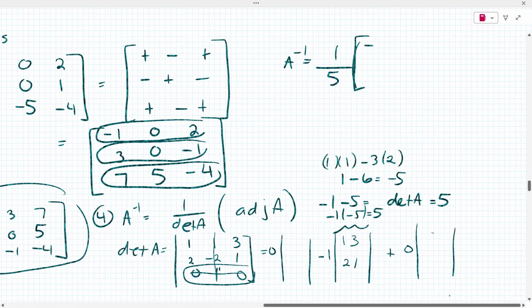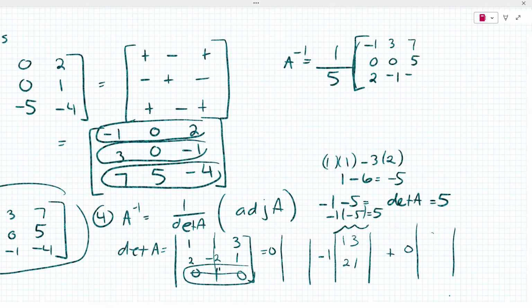Which is negative 1, 0, 2. And you can leave it like this, or you could distribute that 1/5, and then that'll give us your inverse. Okay.